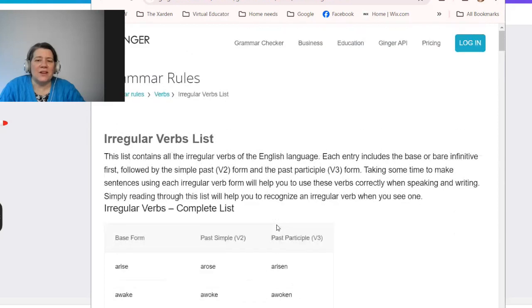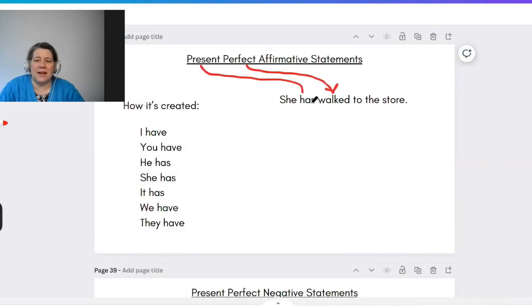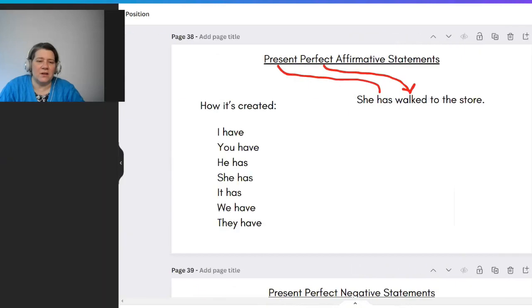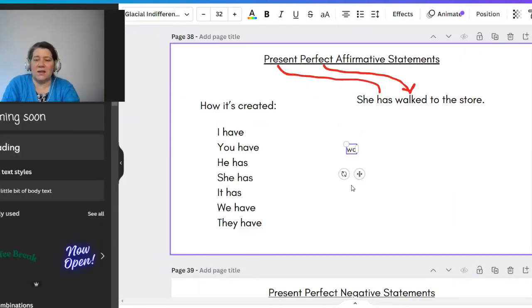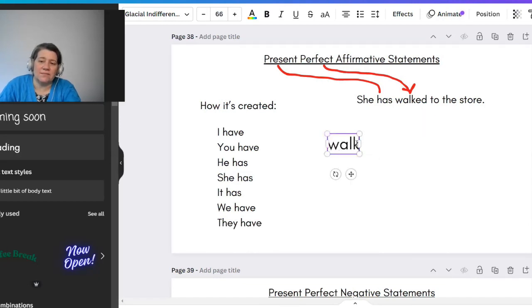But regular verbs will look like this. A regular verb would go like this. We have the present, the base verb of walk. She walks, he walks, base verb walks.